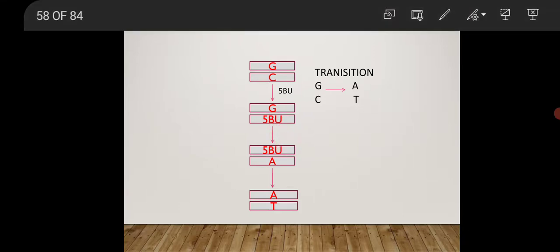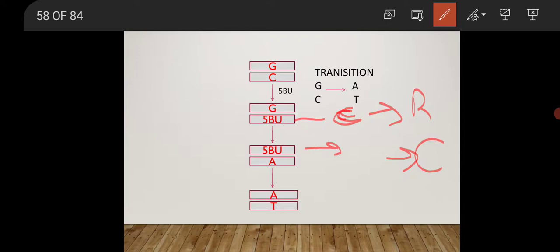Here 5-bromouracil is nothing but your cytosine, and after the second replication, here it is the rare type, and in the second replication, the common type of 5-bromouracil will bind, and that is your thymine.